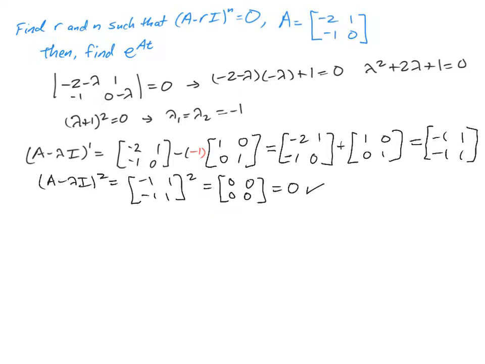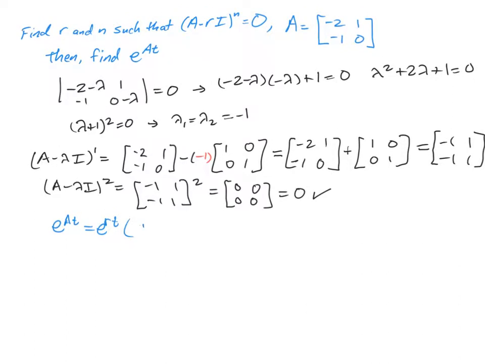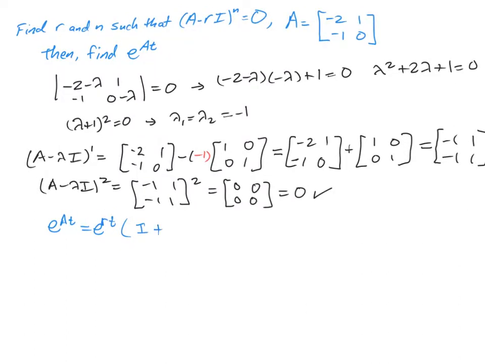And that formula is e to the At is equal to e to the rt times the matrix I plus (A minus rI) times t.